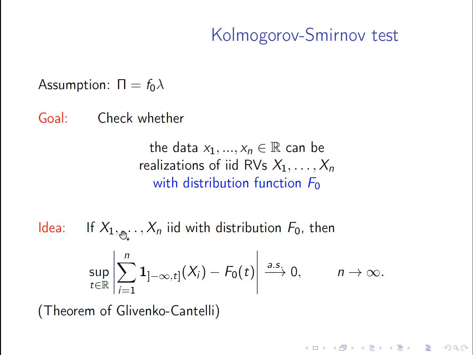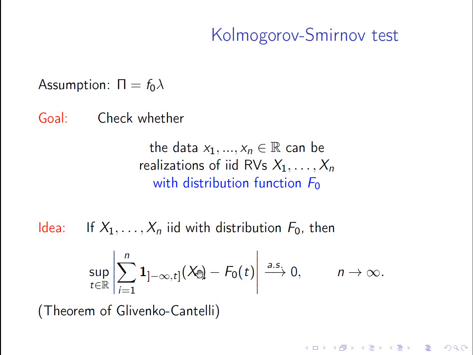Okay, and as almost always in asymptotic statistical testing, there's a limit theorem behind it, and here there are two limit theorems. So the first thing is, if X1 up to Xn are IID with distribution function F0, then by the Glivenko-Cantelli theorem, this thing here converges to 0. So what we are comparing: F0(t) is the supposed distribution function, and here we are summing up the realizations, plugging them into the indicator function of the interval (-infinity, t].